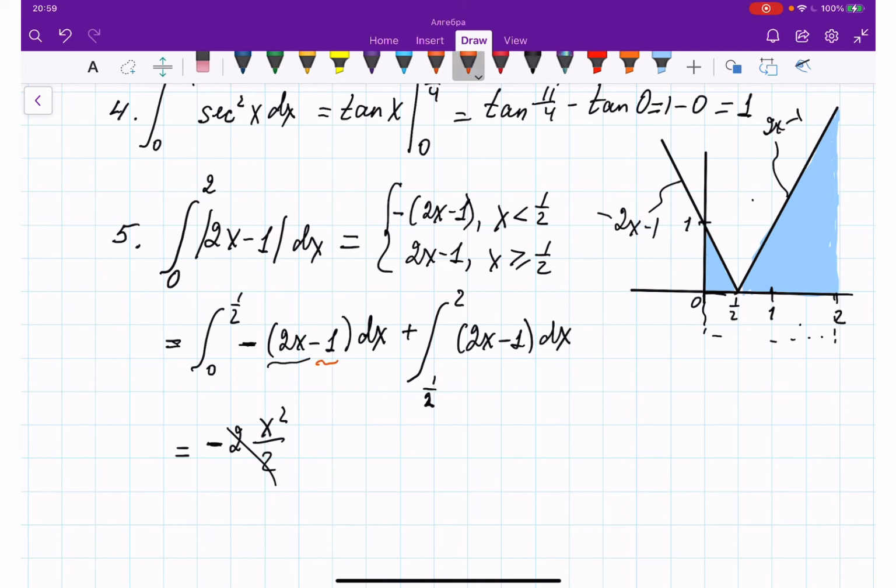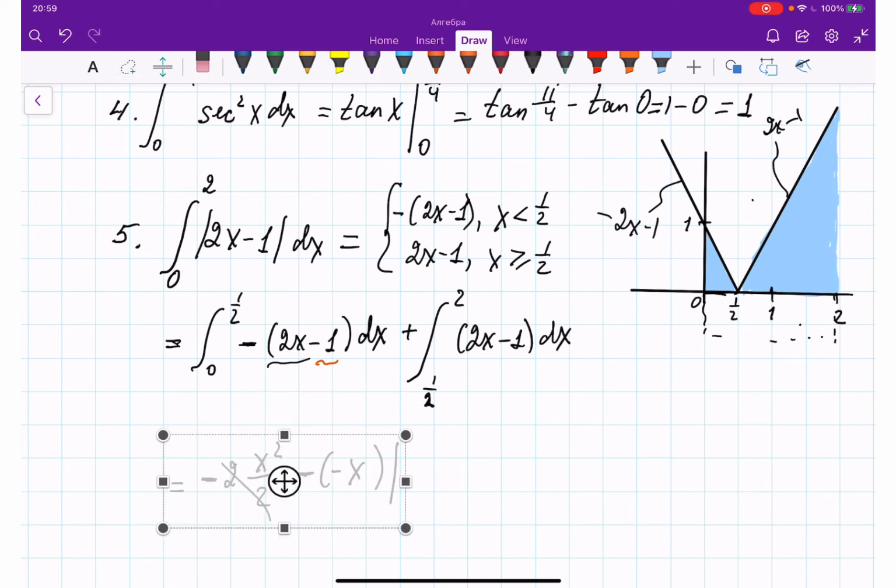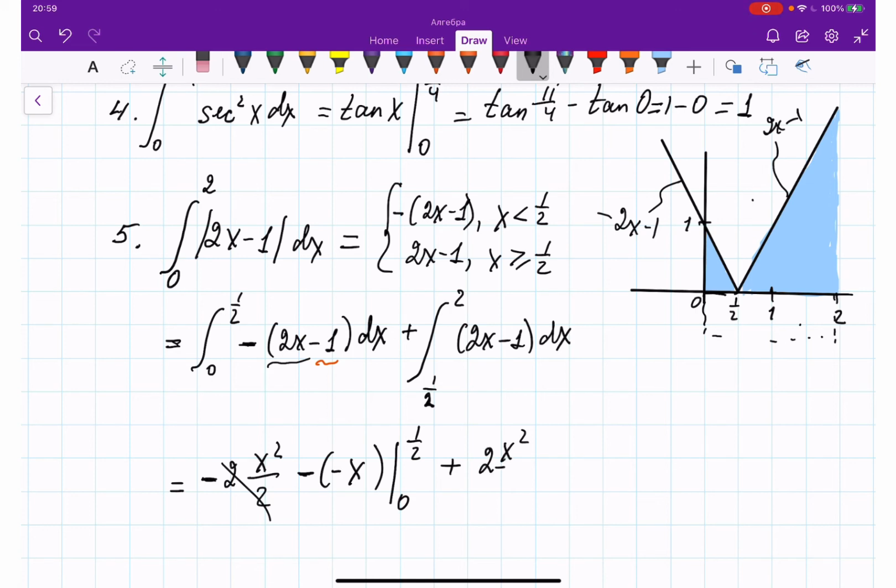Okay, let me write down like that, minus negative x, right? Okay, and this will have limitation from 0 to 1/2.